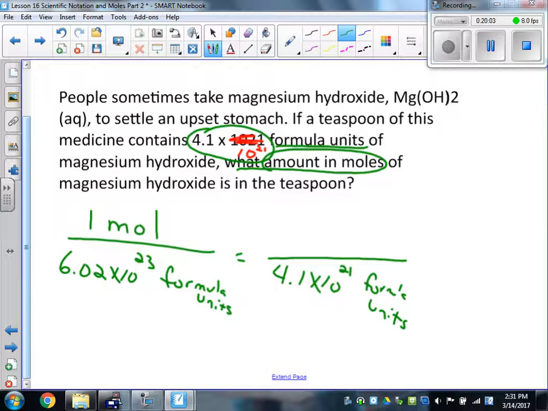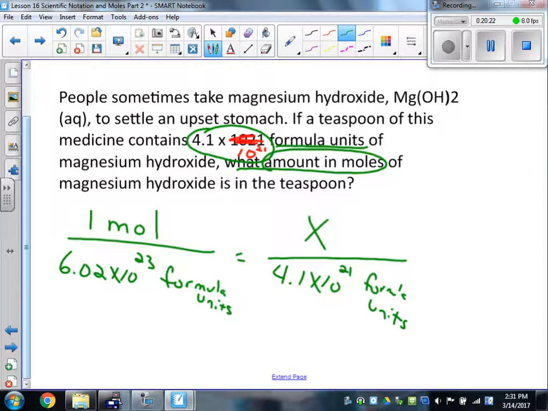What's the question asking you? What amount in moles? When I solve, am I going to get my answer in moles? Yeah. So I guess that probably is good, isn't it?